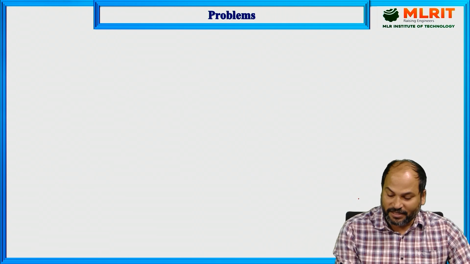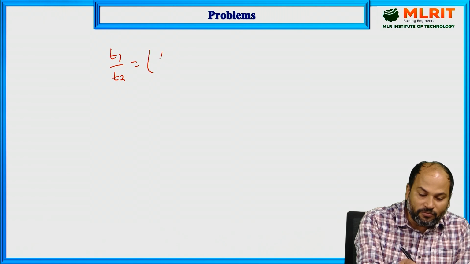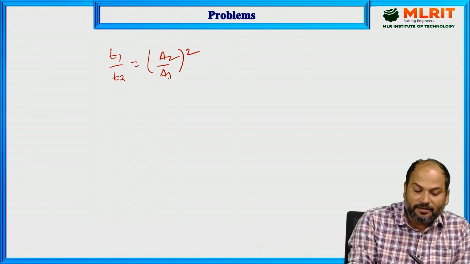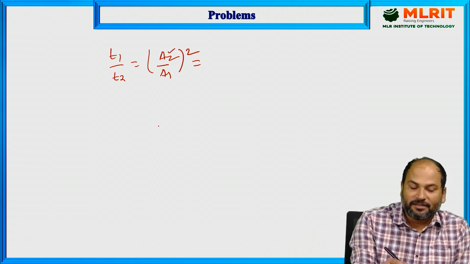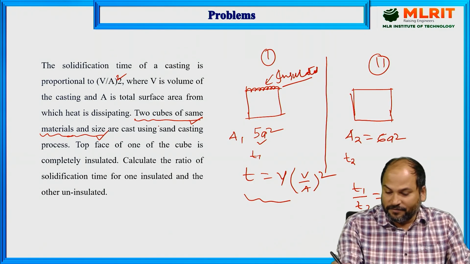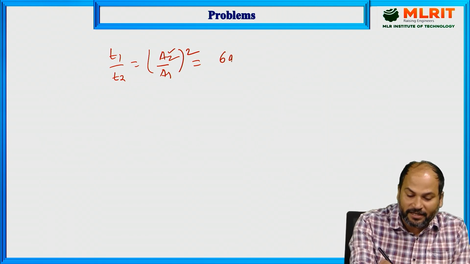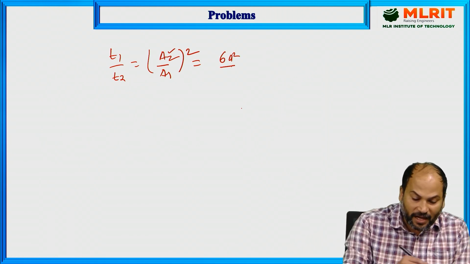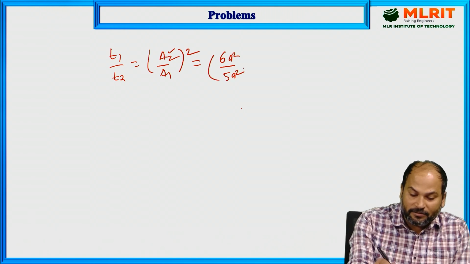So we can write T1 upon T2 is equal to A2 upon A1, the whole square. The surface area of the second one is 6a square, where a is the side length, and for the first it is 5a square, and the whole square.